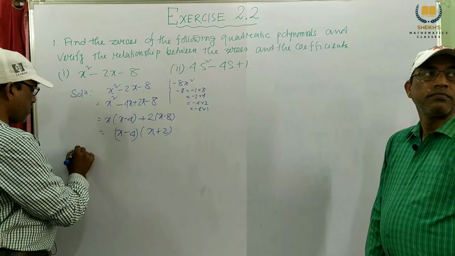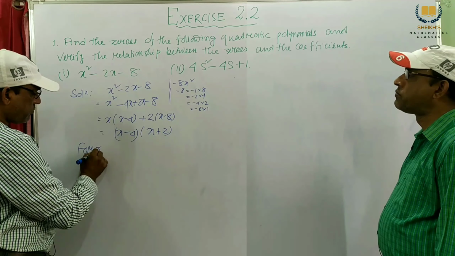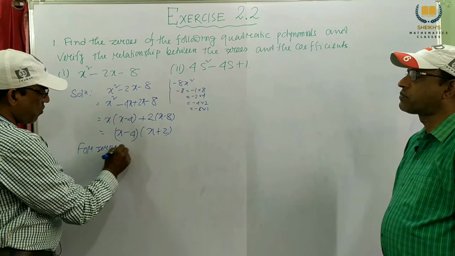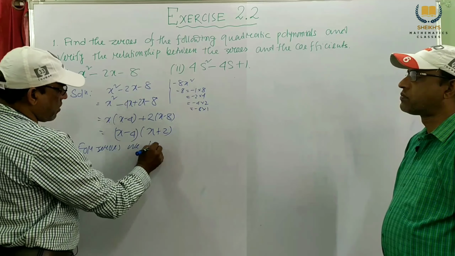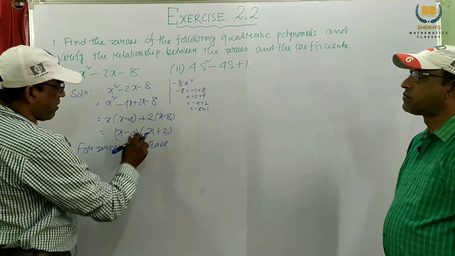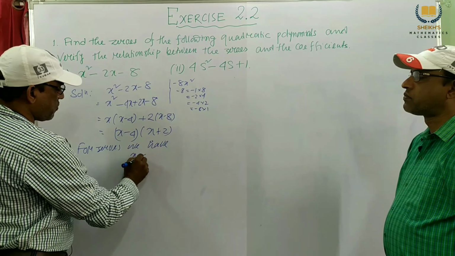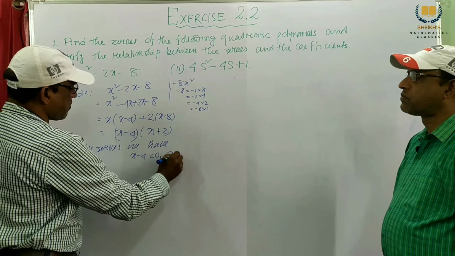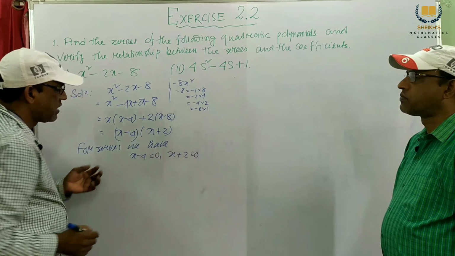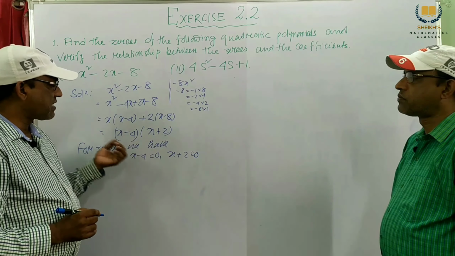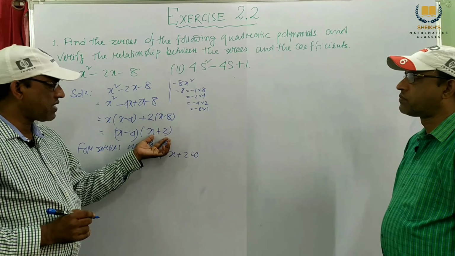So for the zeros we have x − 4 = 0 and x + 2 = 0. If any factor equals 0, then the product is 0.